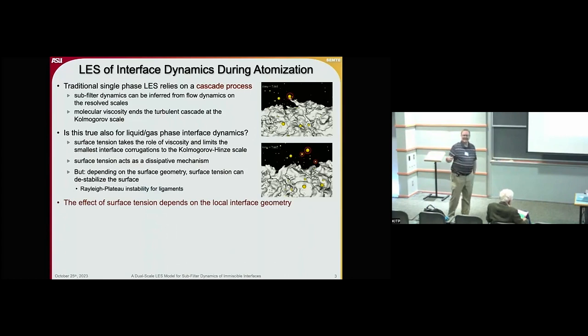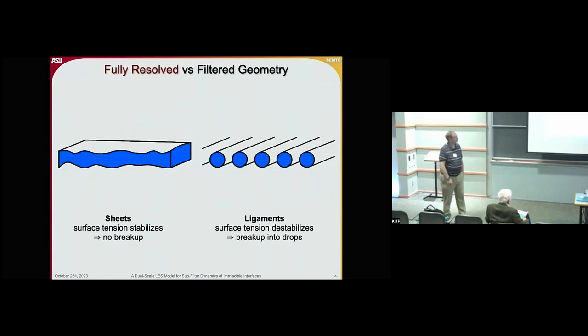So if we want to do LES, and pardon these cartoonish figures here, let's look at two scenarios of a fully resolved geometry. We have a sheet here, and we have a ligament. In the sheet case, surface tension tends to stabilize the interface, so we don't have any breakup. In the ligament case, surface tension destabilizes the interface, and we have breakup.